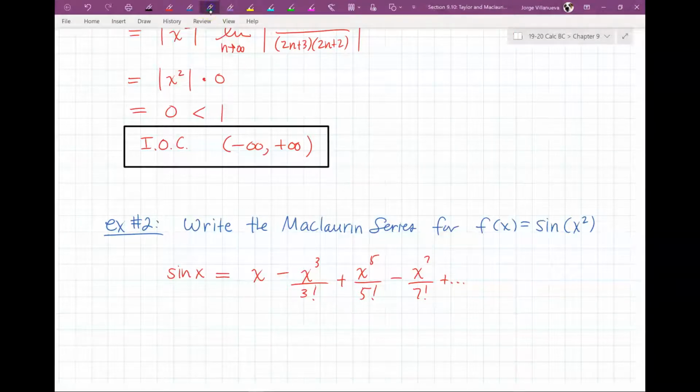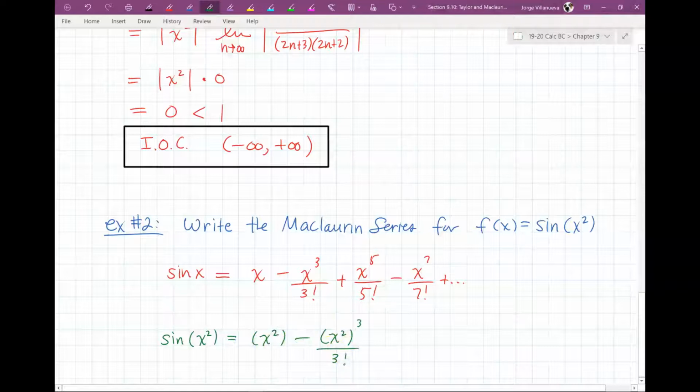So you're going to do this. Sine of x squared is x squared minus x squared cubed over 3 factorial plus x squared to the 5th over 5 factorial minus x squared to the 7th over 7 factorial, etc.